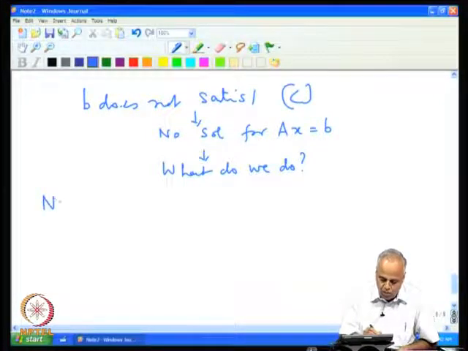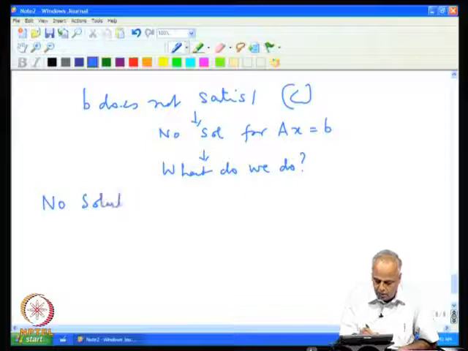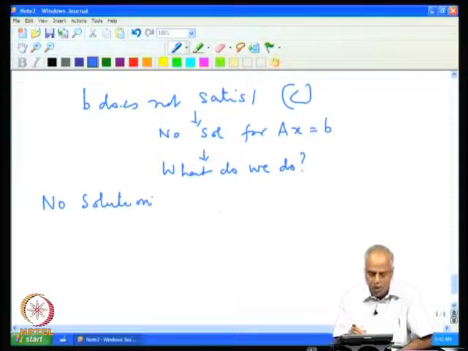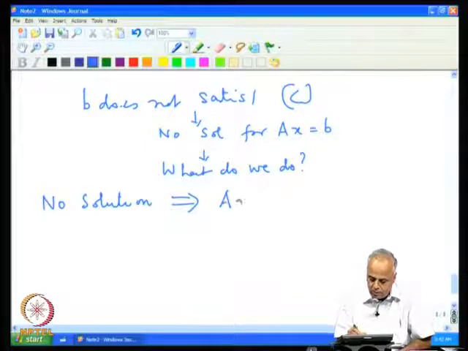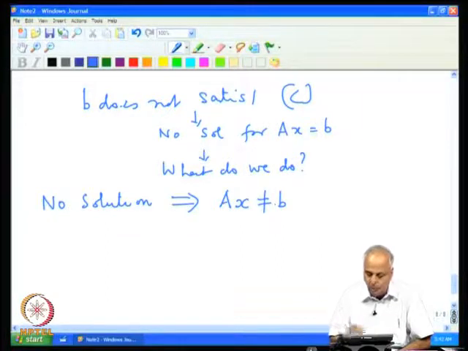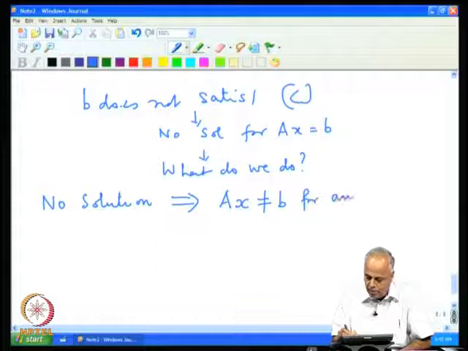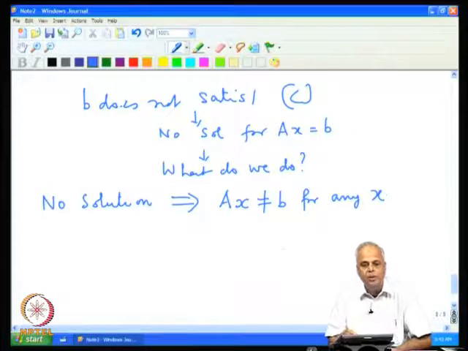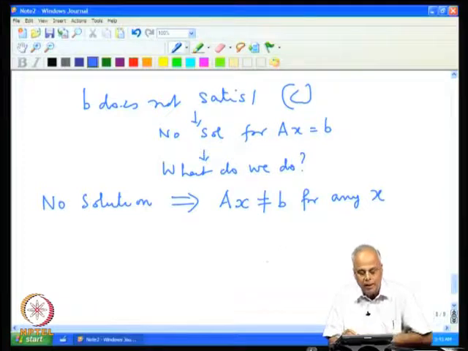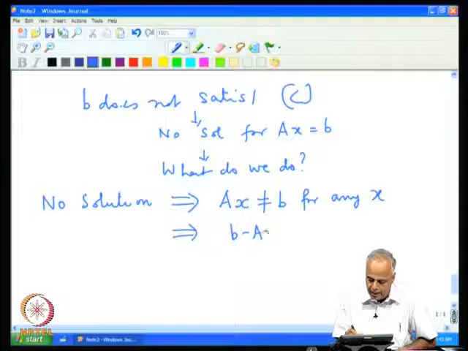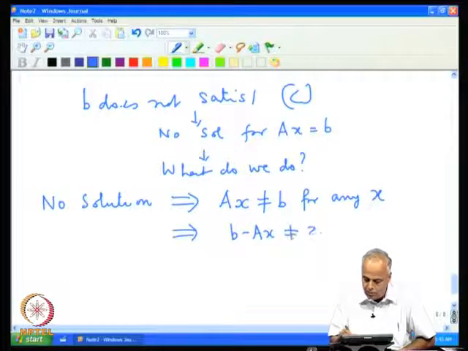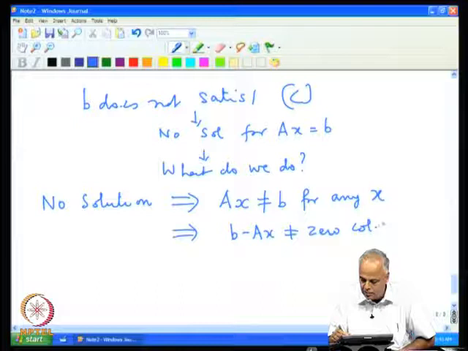So, what do we mean by no solution? This means that whatever x I choose and calculate Ax, Ax is not going to be equal to B for any x. That means B minus Ax is not going to be the 0 column matrix for any x.